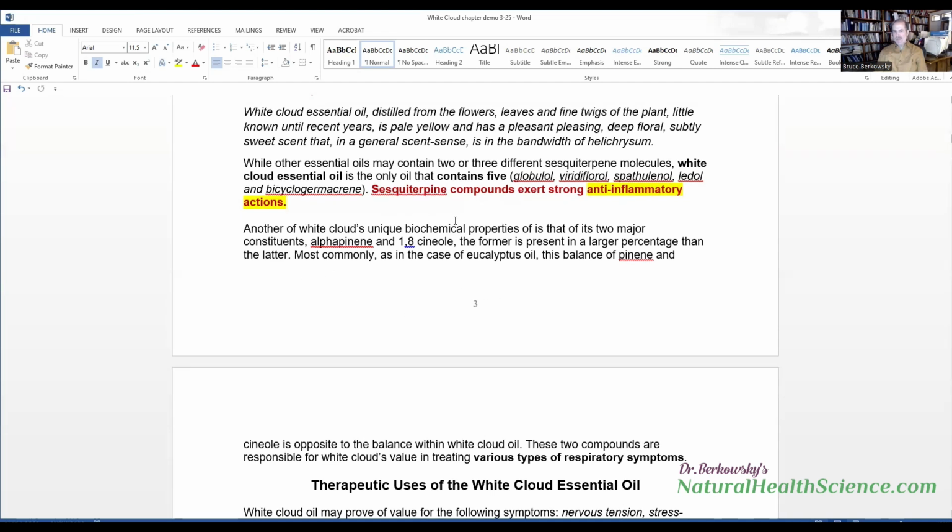Another of white cloud's unique biochemical properties is that of its 2 major constituents, alpha pinene and 1,8-cineol, the former, the alpha pinene, is present in a larger percentage than the latter, the cineol. Most commonly, as in the case of eucalyptus, this balance of pinene and cineol is the opposite to the balance within white cloud oil. These 2 compounds are responsible for white cloud's value in treating respiratory problems, or respiratory symptoms. This is going to become a major understanding of this oil. Its affinity for the lungs and respiratory system.